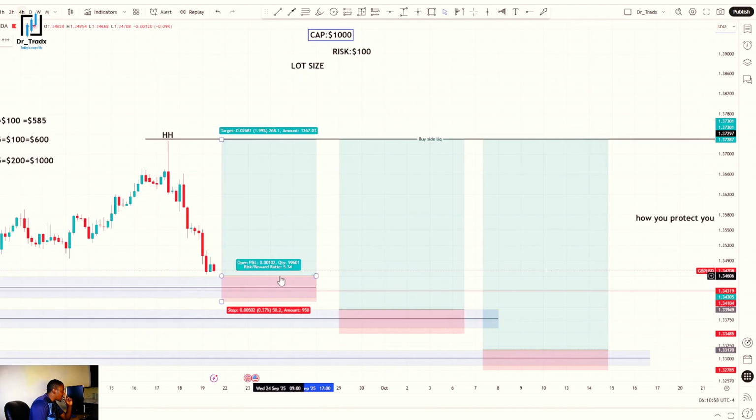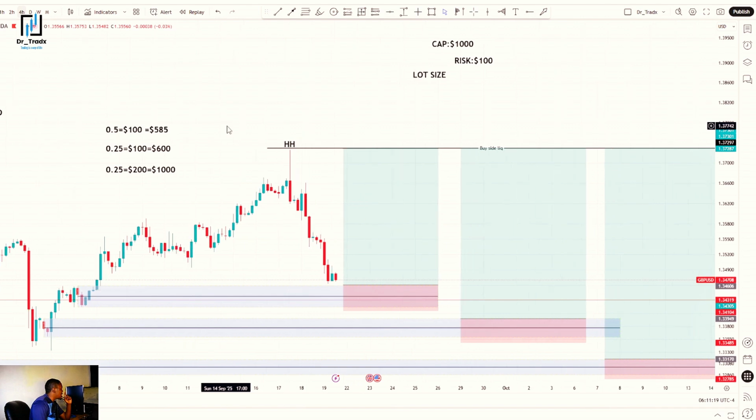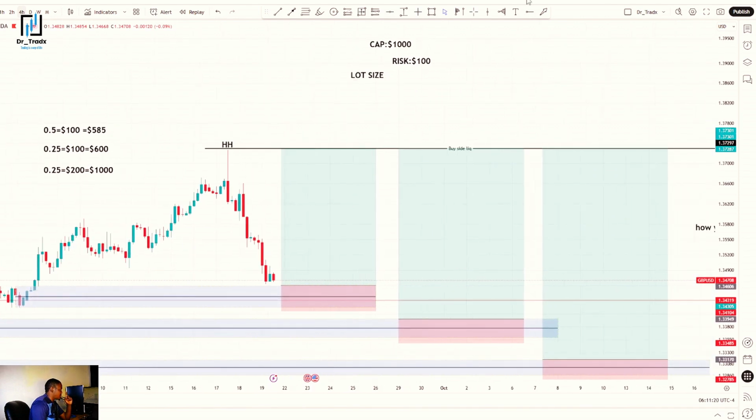If, for example, according to my calculation, the distance between here and here, the stop loss level, is around $200, then at 200 I'm going to use a lot size of 1.